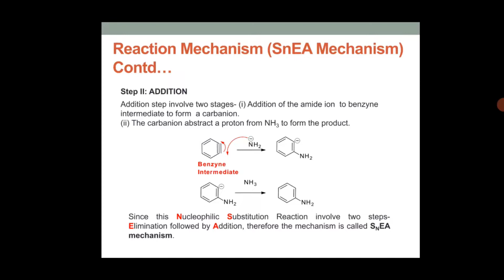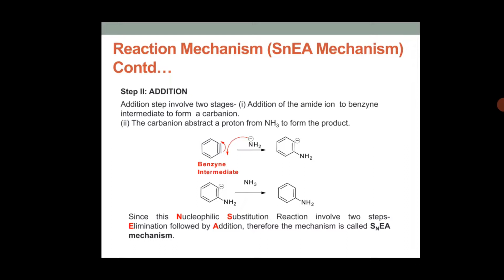And it is because of this that the reaction is called nucleophilic substitution, elimination, addition, because it is a nucleophilic substitution reaction involving two steps, elimination followed by addition.